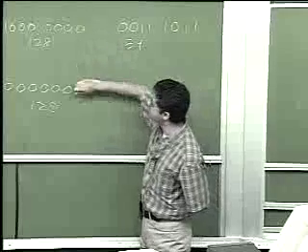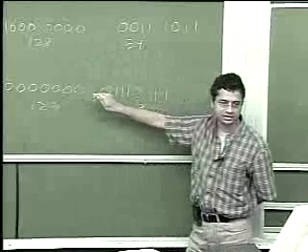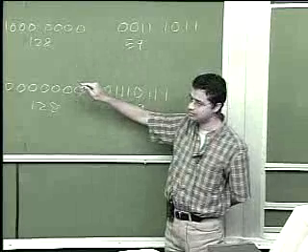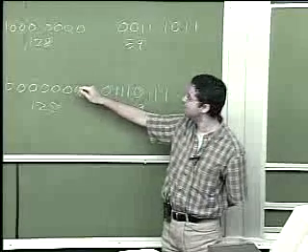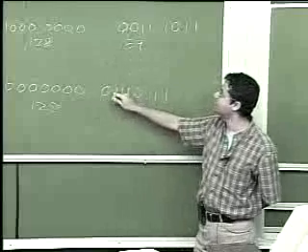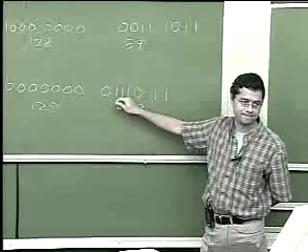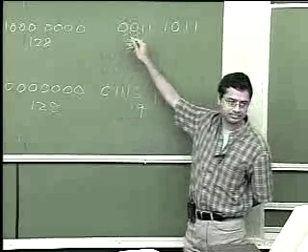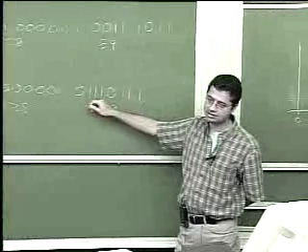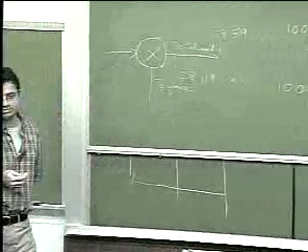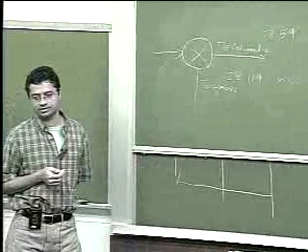So the first 8 bits are going to be identical, whether you're going to UMass or whether you're going to Columbia. The 9th bit is also the same. The 10th bit is different. So by looking at the 10th bit, you can decide which is the right link to forward this packet on.